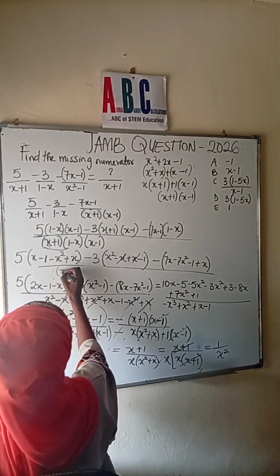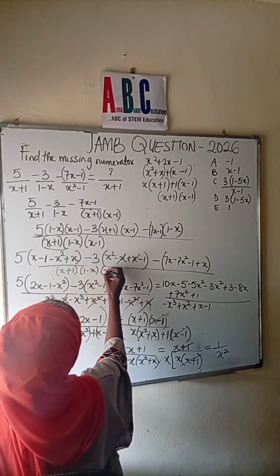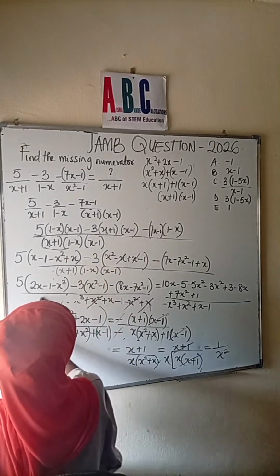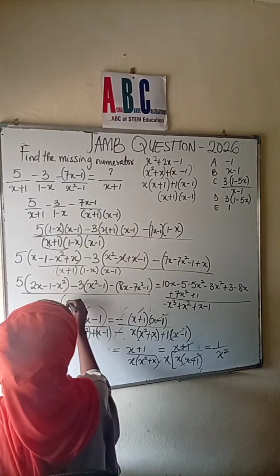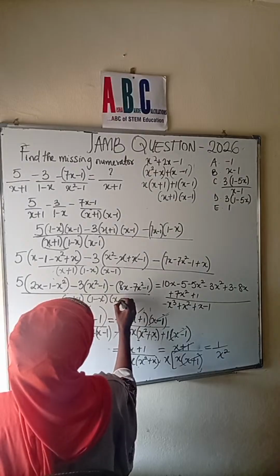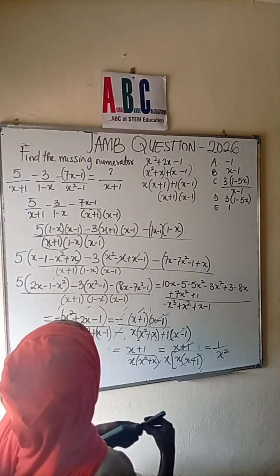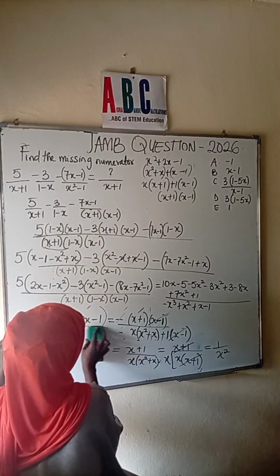So the denominator remains x plus 1, 1 minus x, and x minus 1, right? So let's maintain the denominator: x plus 1, 1 minus x, x minus 1.